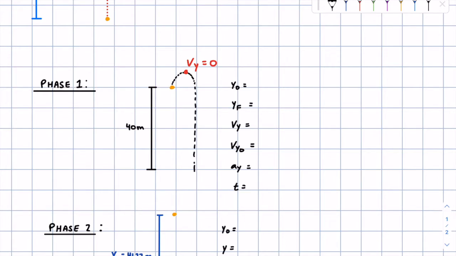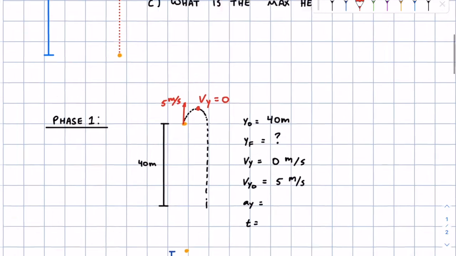We know that our initial height is 40 meters. They gave us that. Our final height we don't know. Our final velocity, we do know, is 0 meters per second. Our initial velocity is 5 meters per second upwards. So let's draw that just so when we look back, we can see what we were thinking.